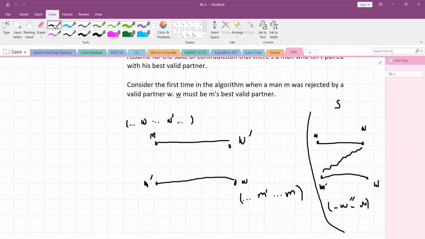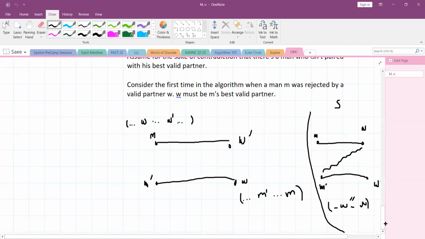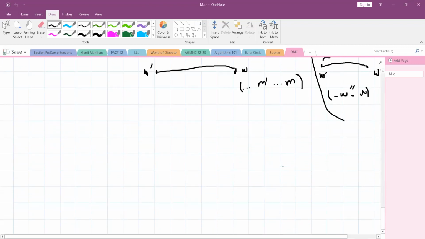It's very similar to this. The idea is essentially to try contradiction again and look at the preference lists, this list of everything we know. We knew that M must like W better than W prime, and so on. Then somehow we arrive at a contradiction based on all of these preference lists. That is essentially the idea.